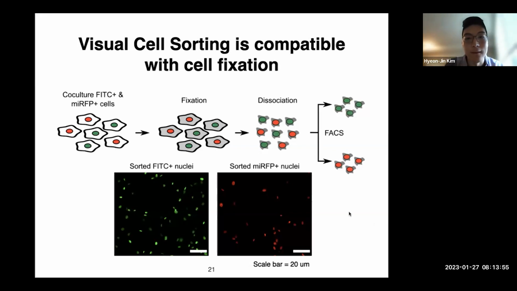So when we sorted green and red separately, what you can see is that in the sorted nuclei, you only see green cells in the green population and only red cells in the red population, and you don't see any capture of red cells in the green population or green cells in the red population. So this confirmed to us that when you do these experiments in fixed cell conditions, you're not getting that many doublets.